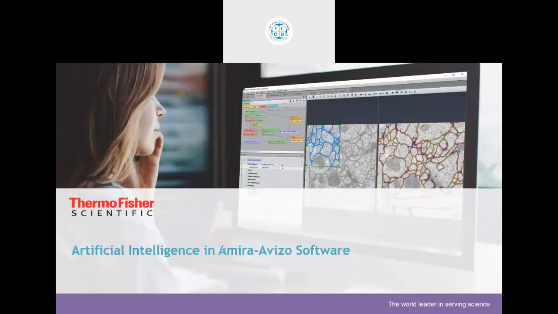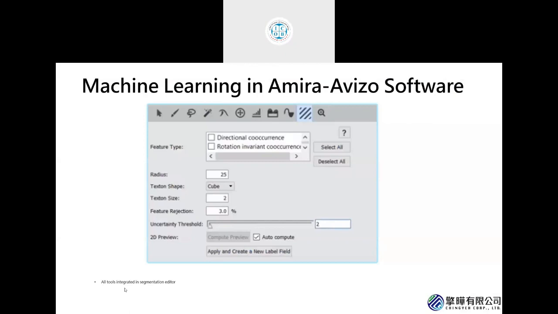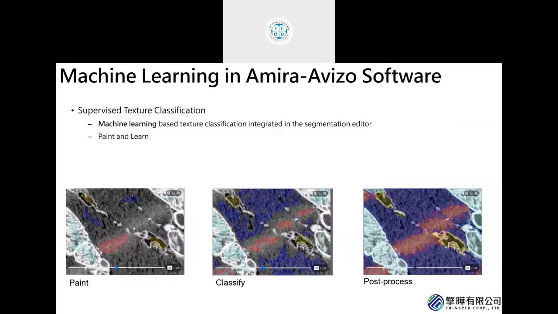So the point is what artificial intelligence we have provided in Amira Visual software. Okay, so the first one is the machine learning texture classification in the segmentation workflow. With the machine learning texture classification tools, you could simply use a brush, as you can see the red, blue, and yellow areas.